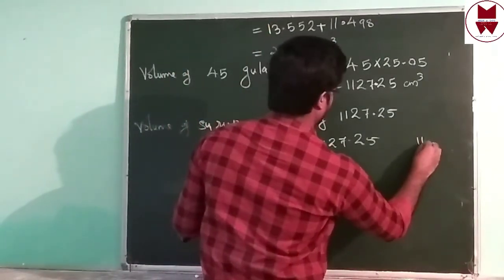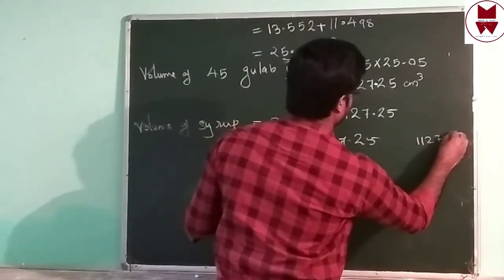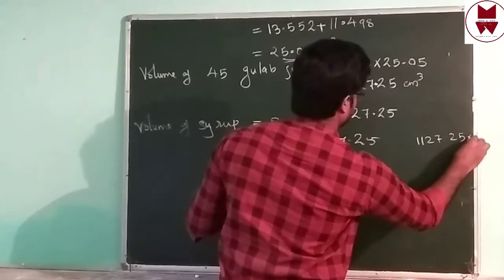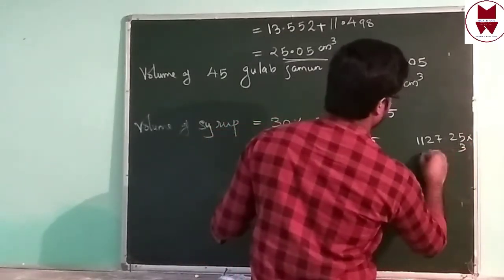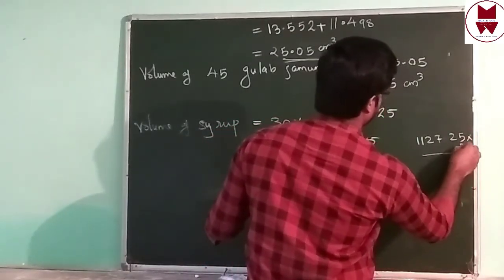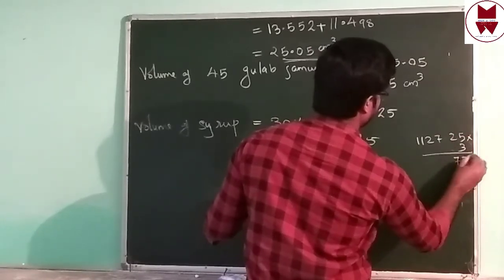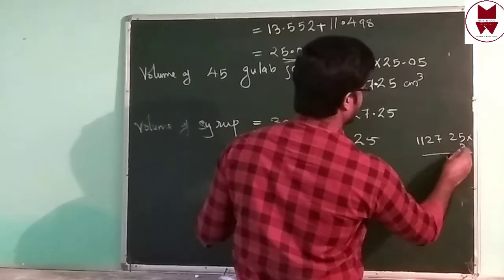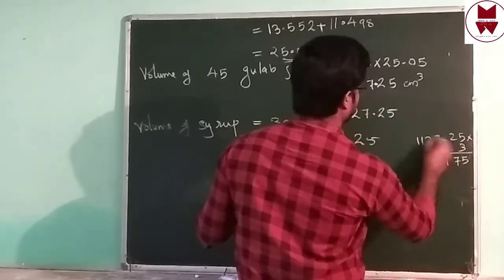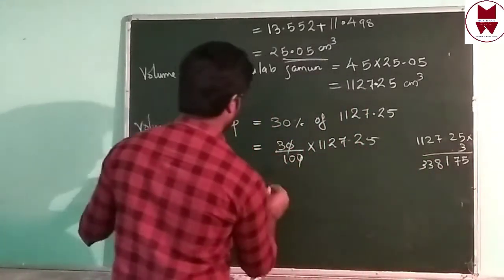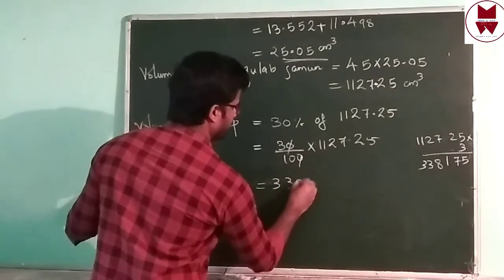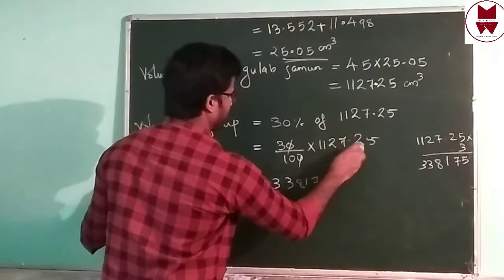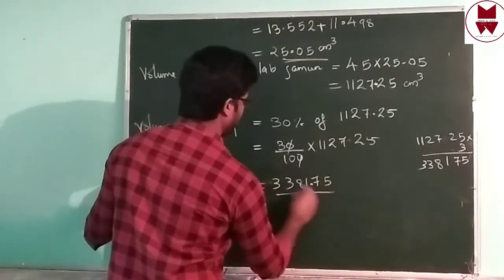Then 1127.25 into 3. After the point 2 numbers, divided by 10.